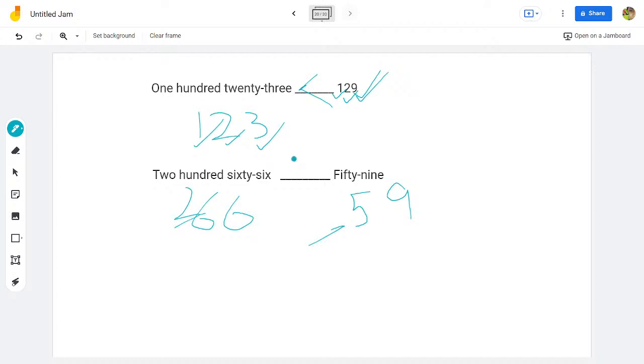We would write that like this. 266 is more than 59. This is how we write it. Okay.